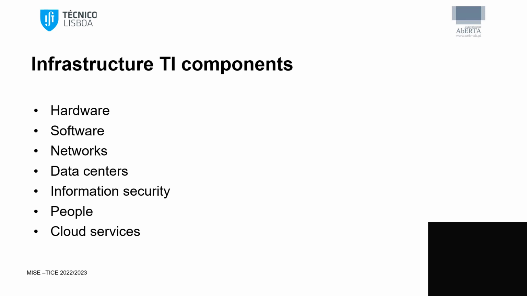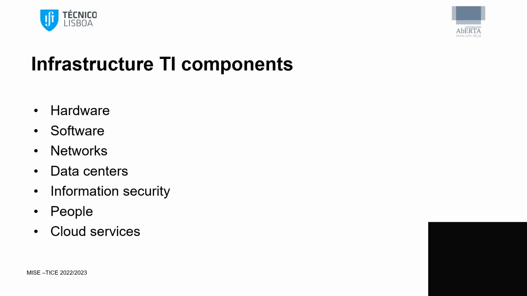Networking includes the physical and logical infrastructure used to connect devices and systems within an organization and allow for data transfer. Data centers include the physical and technological resources used to store, manage, and process an organization's data.